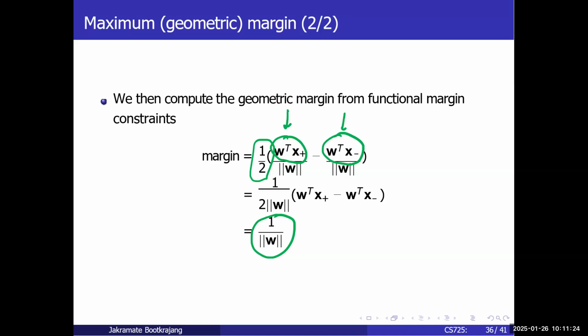So what does this mean? Right? It means that the margin actually depends on the size of the vector. And why is that okay?